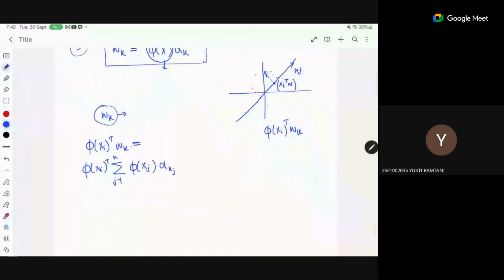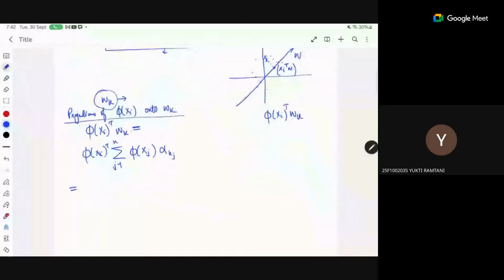Remember that we are interested in the projections of phi of xi onto wk. Now we can pull this inside, and we will have alpha kj times phi of xi transpose phi of xj.